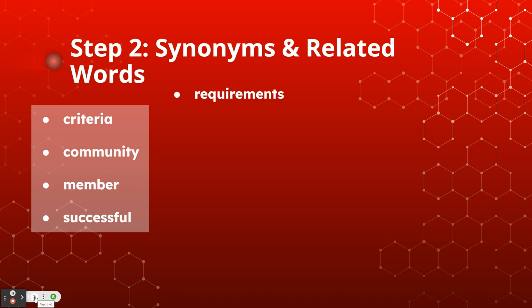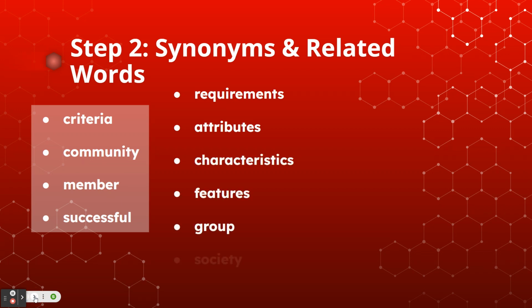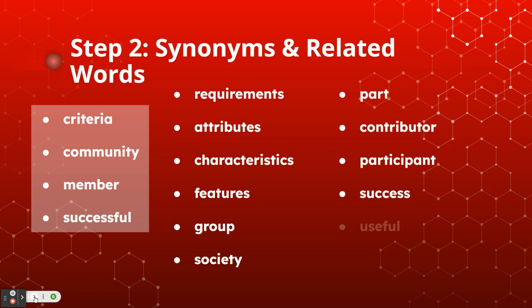Synonyms are words that mean the same thing. So if we are not finding specifically what we want in our searches, we can change the words a little bit, but it would mean the same thing. So we could find the information that we would like. So requirements, attributes, characteristics, features, group, society, part, contributor, participant, success, useful, positive.